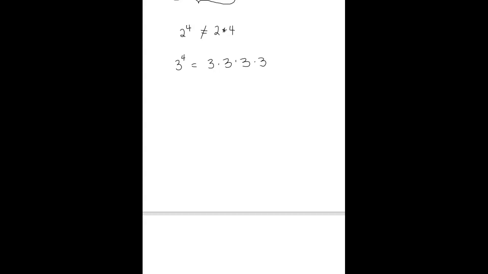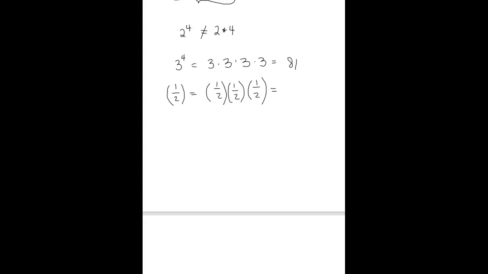This is going to wind up being 3 times 3 is 9, times 3 is 27, and times 3 is going to give me 81. Okay? If you have something like 1/2, and you cube it, what you have now is 1 over 2 times 1 over 2 times 1 over 2.